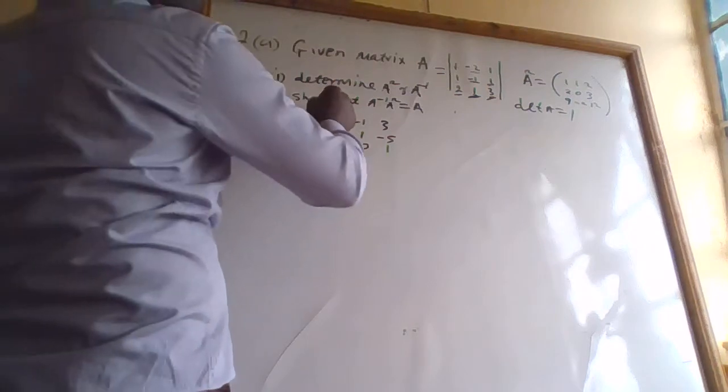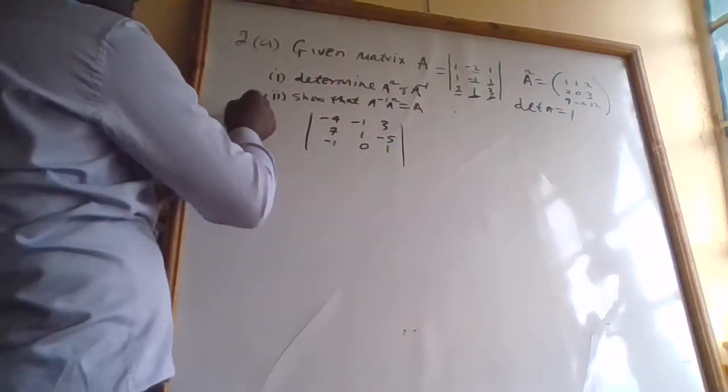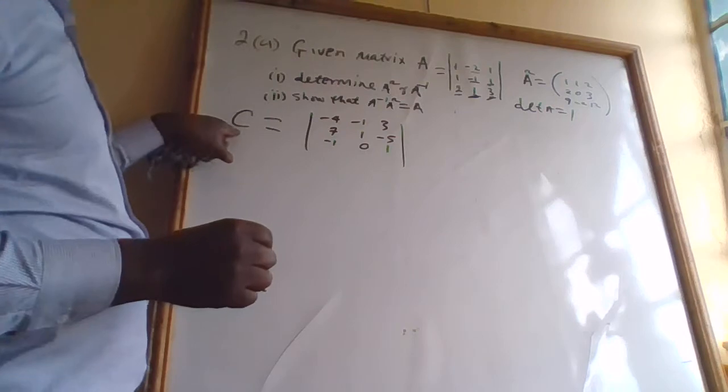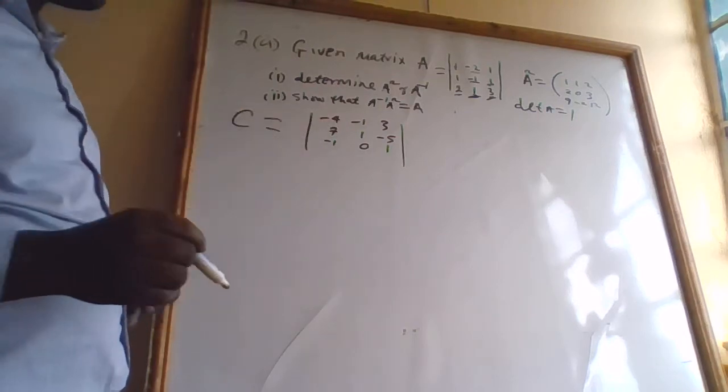So this is our matrix C. The matrix of cofactors is given by that.